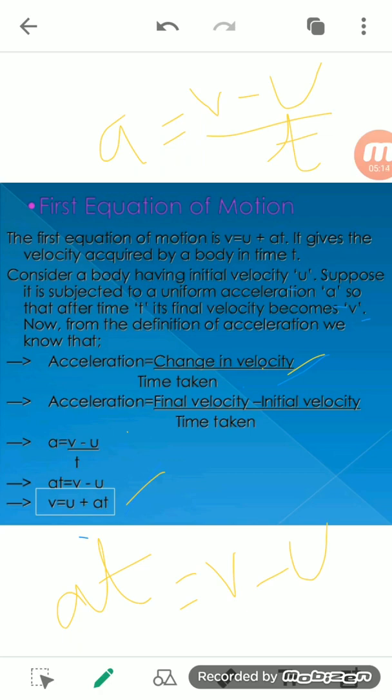So this is the first equation of motion, v equals u plus at. It is basically used to find the velocity acquired by a body in time t, the body having an initial velocity u and a uniform acceleration a.